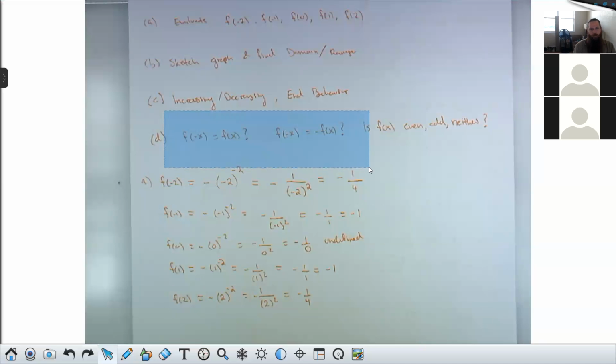Which one of these expressions appears to be satisfied comparing these things? Is it this? Is F of -x equal to F of x? Or is it this? Is F of -x equal to the negative of F of x? So I said this is the same as this. They're both -1/4. This is the same as this.